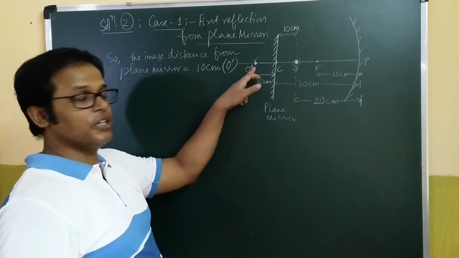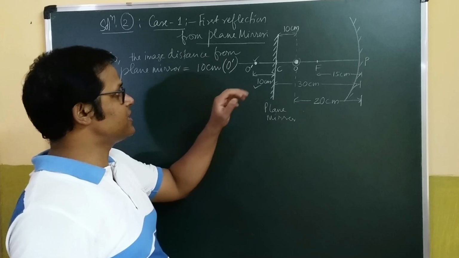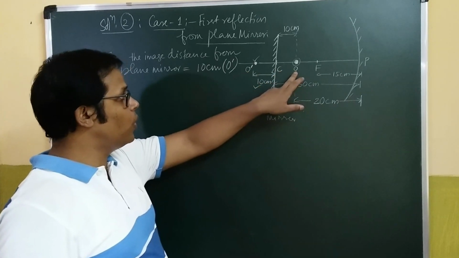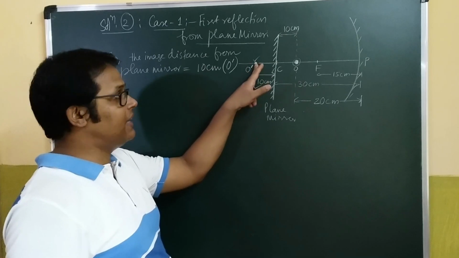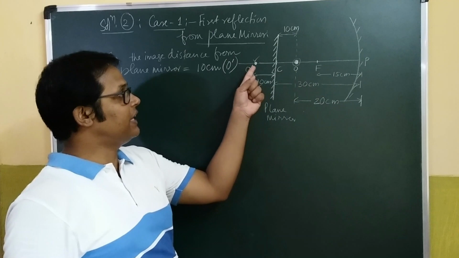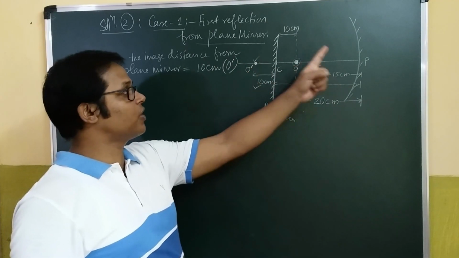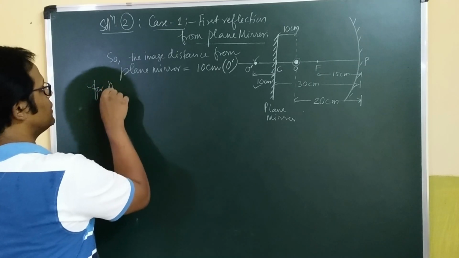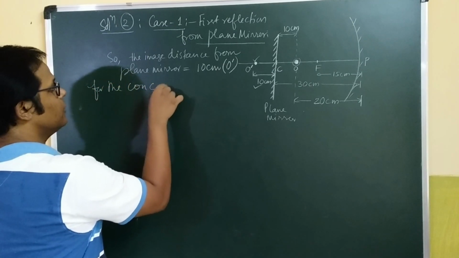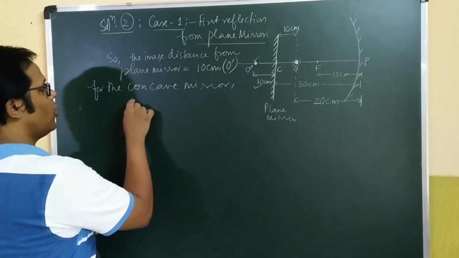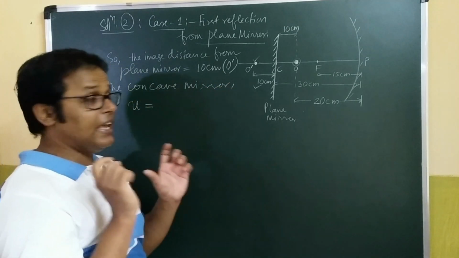This is the image. Now, my dear students, try to understand this virtual image of the real object O will now behave as an object for the concave mirror. So if I treat this O dash as an object for the concave mirror, then for the concave mirror, let me note it down. For the concave mirror, the object distance, please listen carefully.